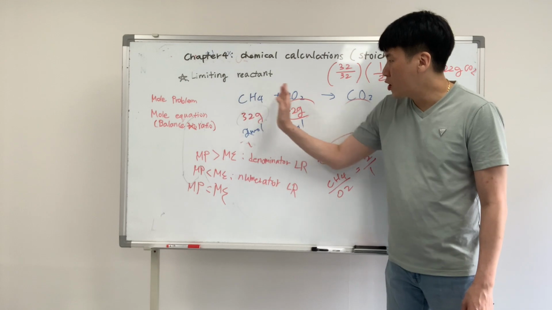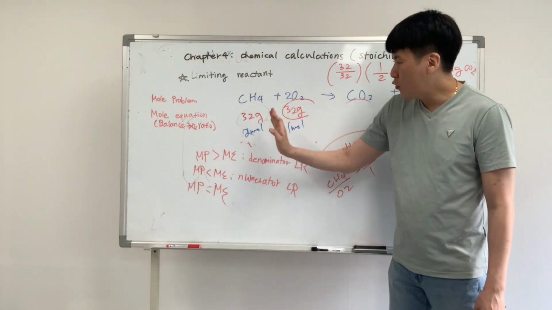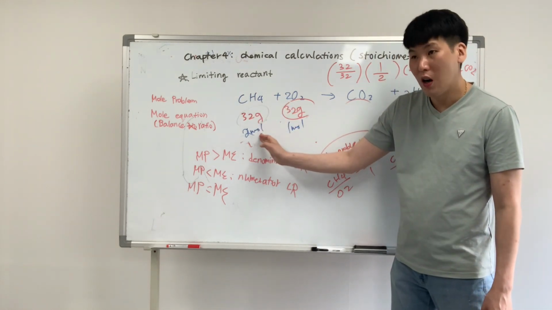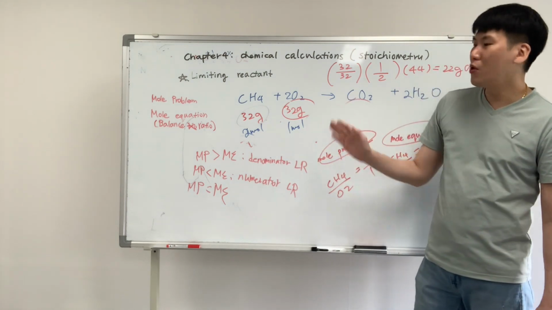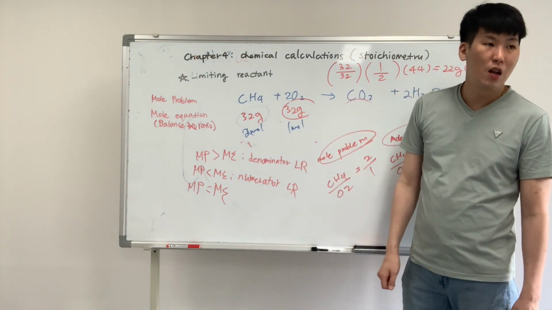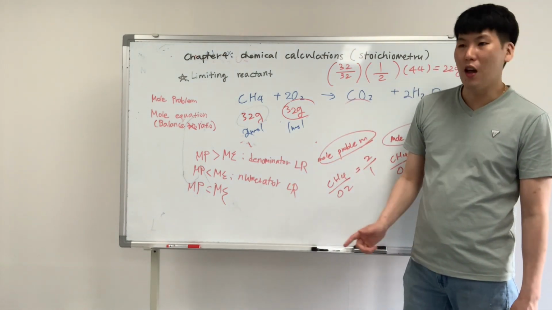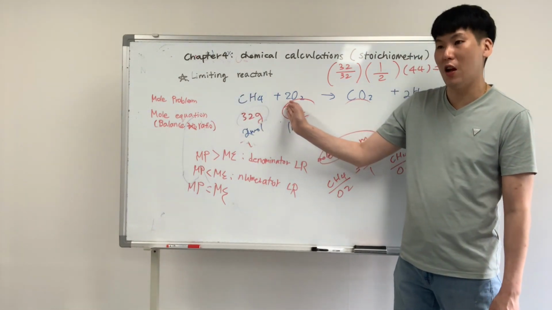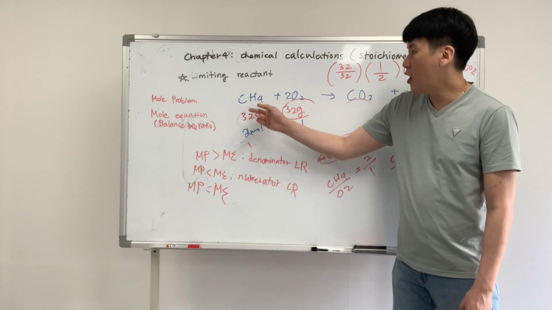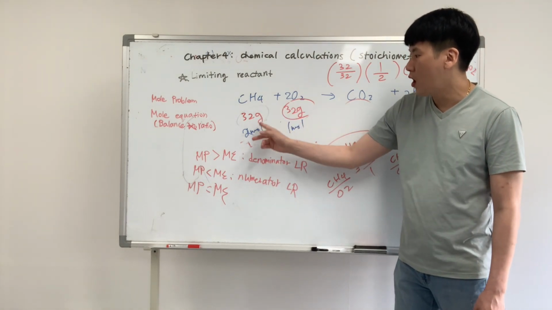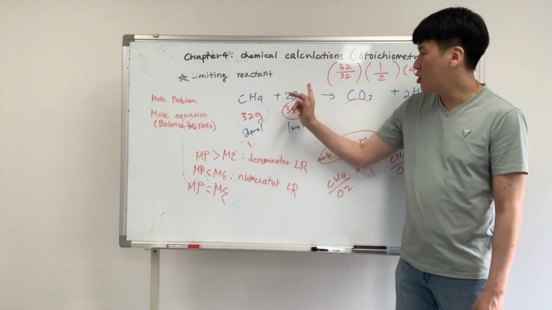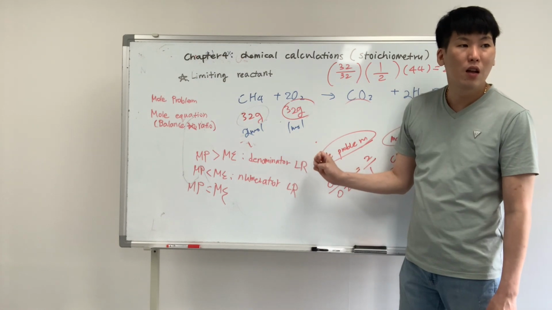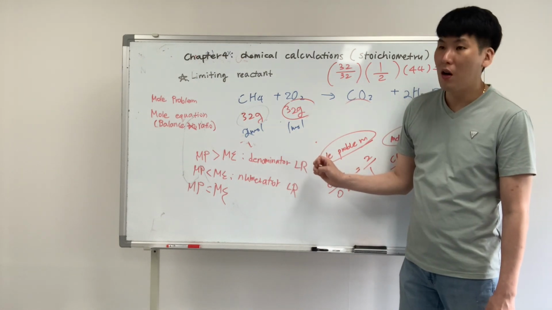Manual says 1 to 2. When you have 2 moles of CH4, how much O2 do you need? Think again. Manual says you need to mix 1 to 2 ratio, right? When we calculate the number of moles for CH4, it was 2 moles. How much O2 do you need? 4.